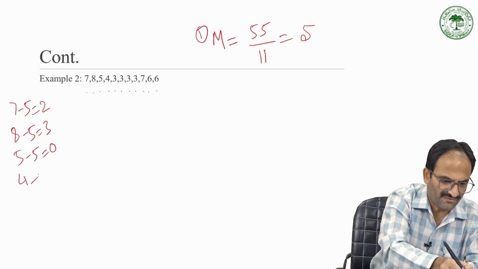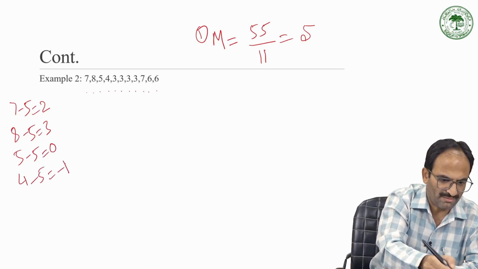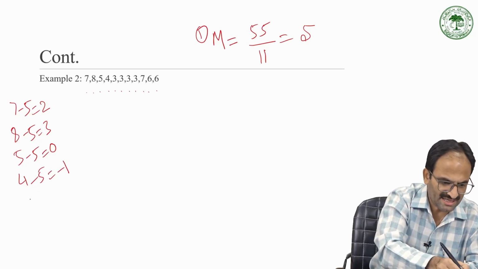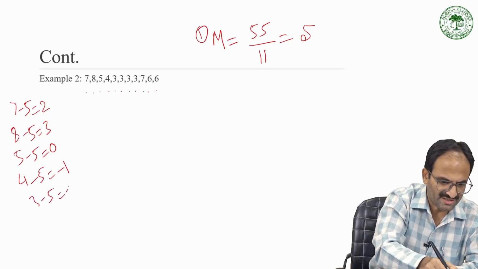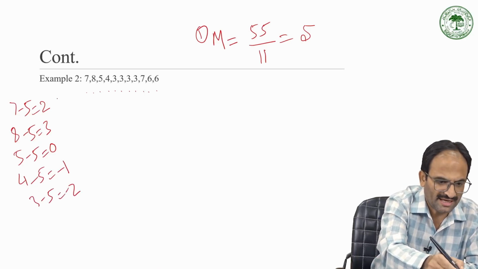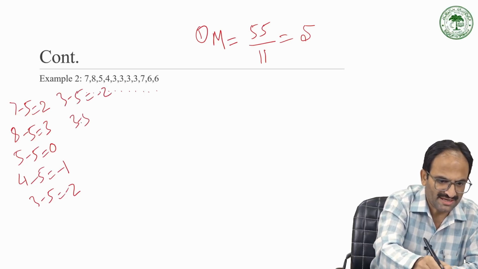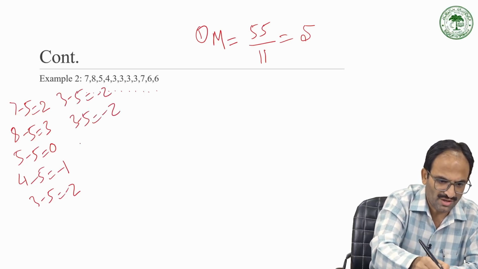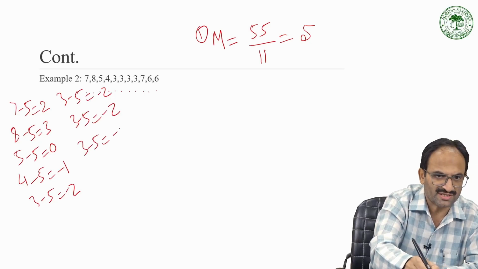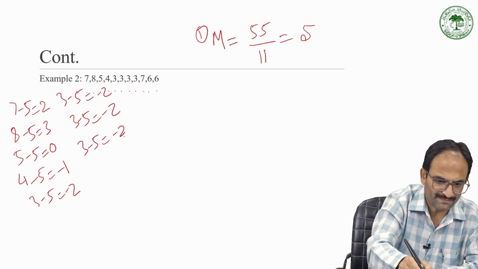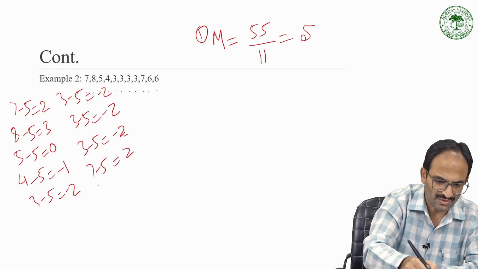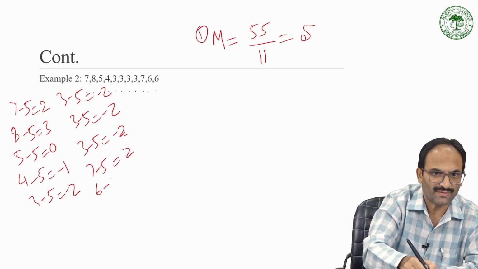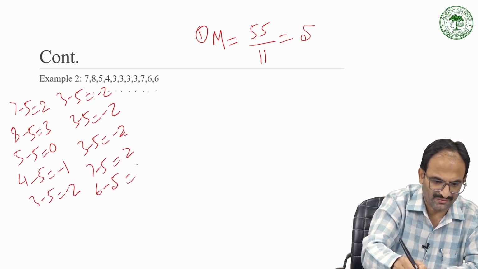Fourth case, 4 minus 5 is equal to minus 1. Then next case, 3 minus 5 is equal to minus 2. Then again 3 minus 5 is equal to minus 2, minus 2, and minus 2. Then 7 minus 5, that is 2. 6 minus 5, that is 1. 6 minus 5, that is 1.